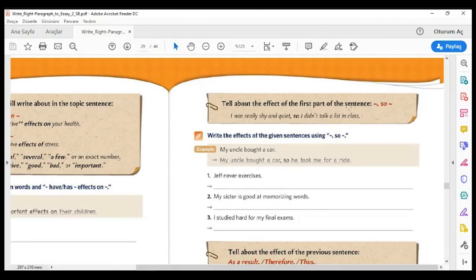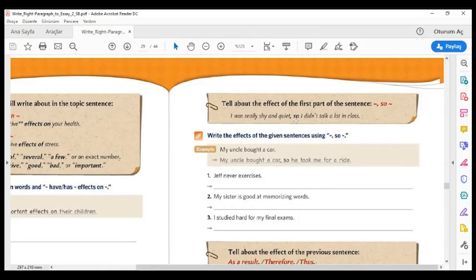Now, the second part of the sentence tells us more about the first part of the sentence. I was really shy and quiet, comma, so I didn't talk a lot in class. The two parts of the sentence are separated by comma and so.